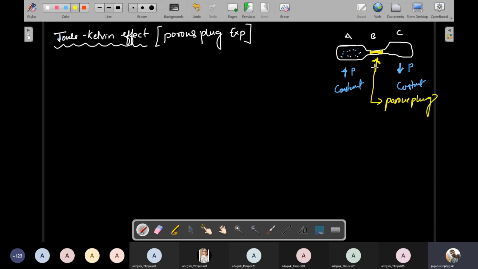So what is the use of this porous plug? Generally this porous plug is manufactured from wool or cotton. If the gas is passing from A to C through B, then the gas automatically changes temperature.